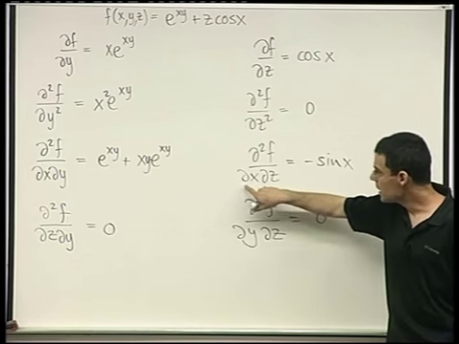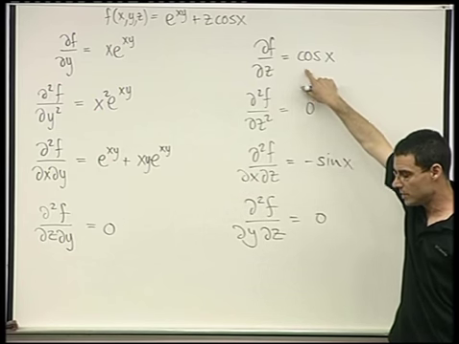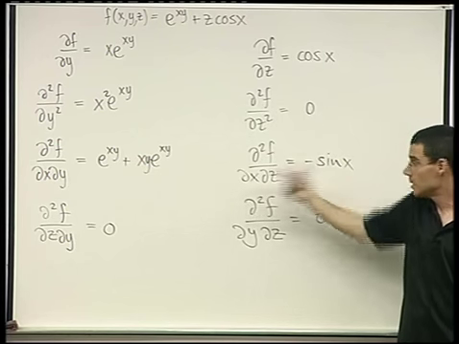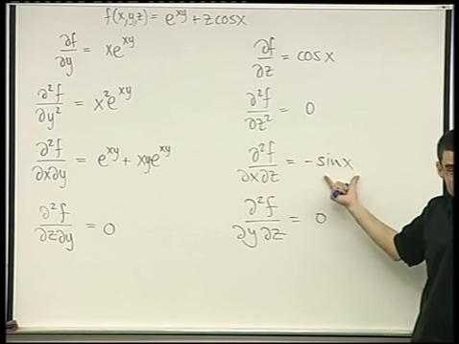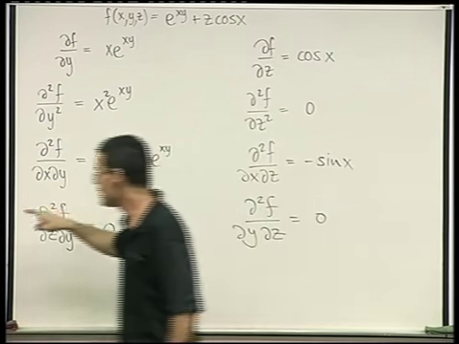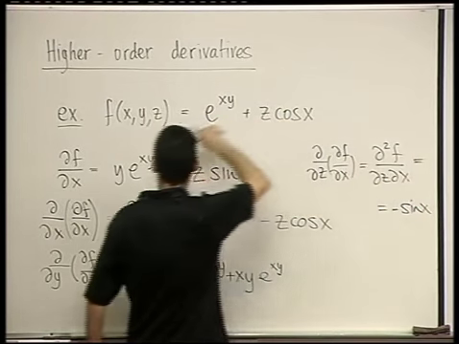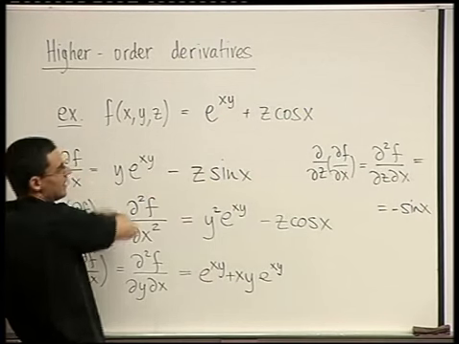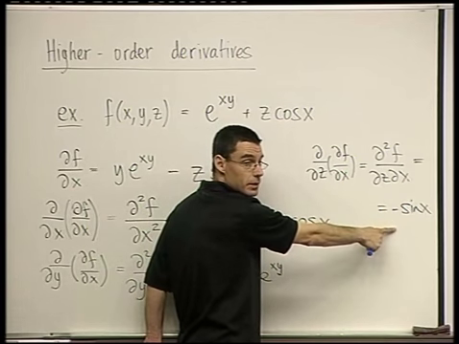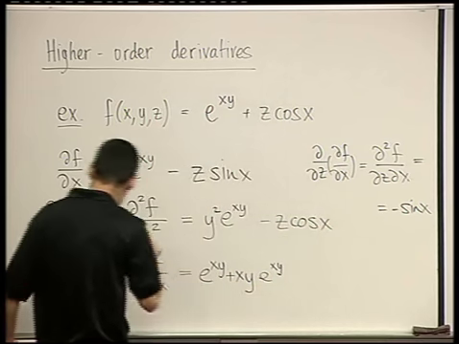And notice that if we take the derivative with respect to z, and then take its derivative with respect to x, what did we get? Minus sine of x. That's the same thing that we got, look back at this board a second, when we took first the derivative with respect to x, and then took its derivative with respect to z. We got the same thing.